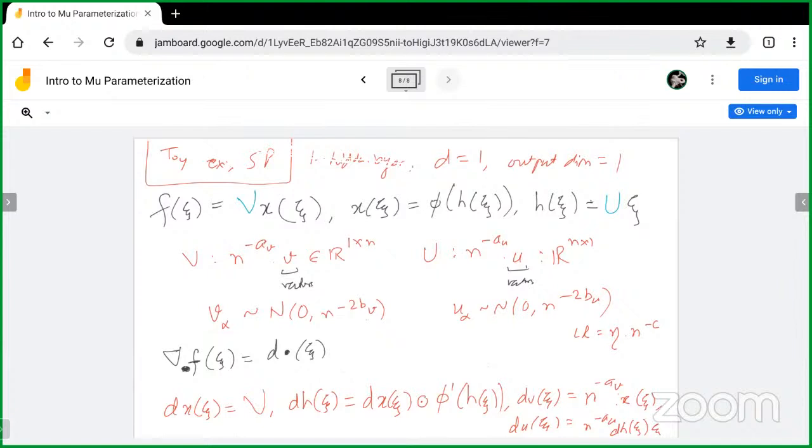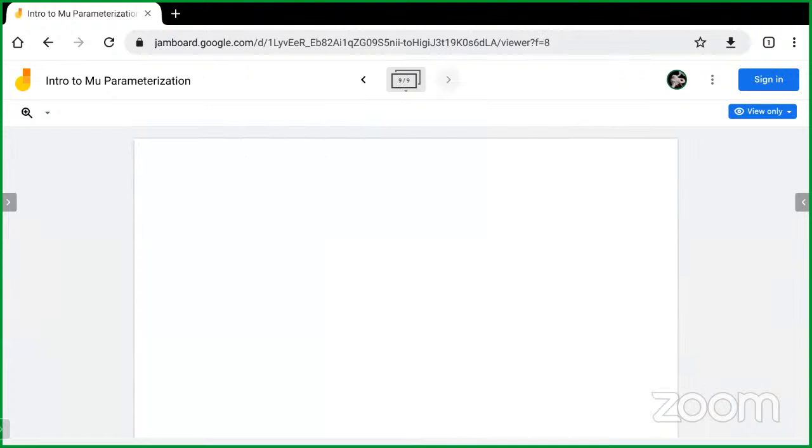Good. So this can help us figure out gradient descent.